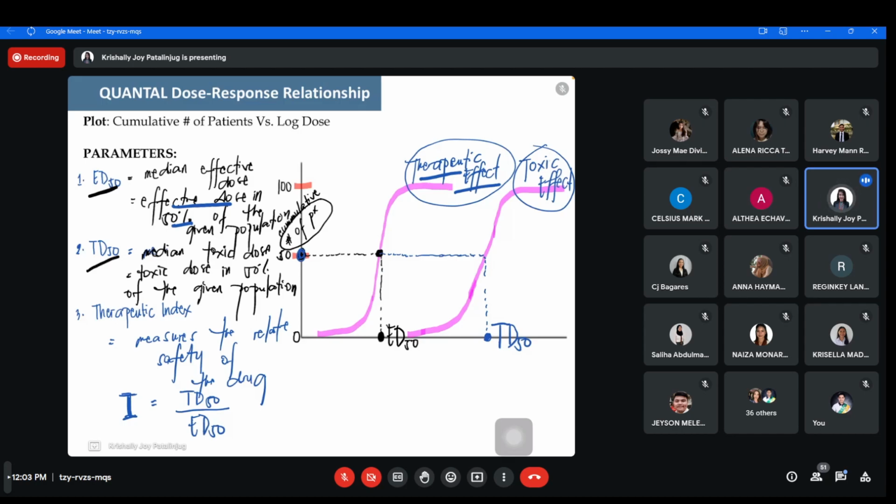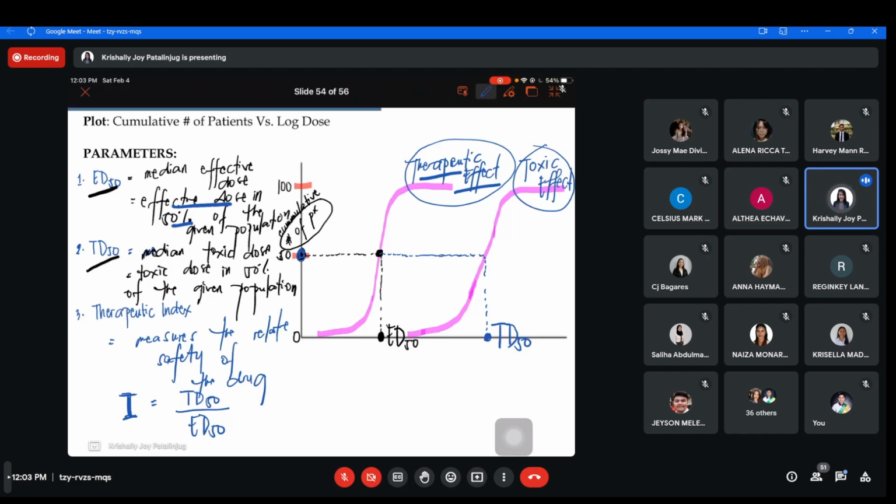Okay? So kung titingnan sa graph na to, illustrated, yung magiging therapeutic index is itong window na ito in between the therapeutic effect or TD50 and also ED50. Okay? So yung window sa graph na yan or the therapeutic window dyan, yan yung measure of its safety ng gamot. Okay?